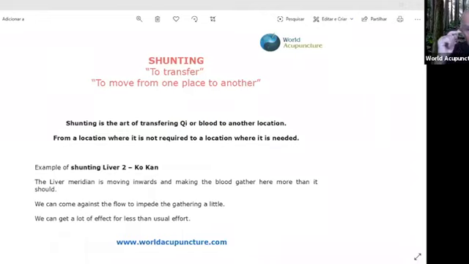Unless you are aware of the kanji and the way the characters are written, you probably miss it, but there's an extra little tail in there. That disappeared at some time during history. But if we look at the more original classical texts, we'll see that the character is slightly different to the one that's commonly used to represent dispersion now. This character is shunting. This is the transferring of energy from one level of a meridian to another.